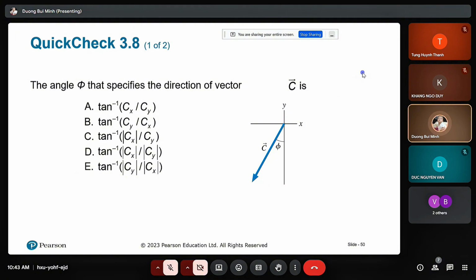We also calculate the phase angle, right? The phase angle. So this one is the XY coordinates, and we always choose the reference axis like this, the x-axis.